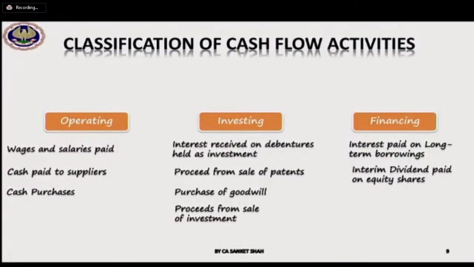Yes. This came to Pratham so I am moving ahead. So second classification over. So operating activity, investing and financing.